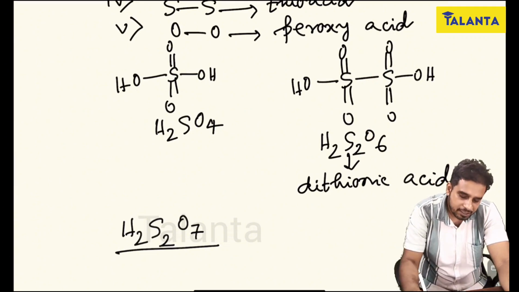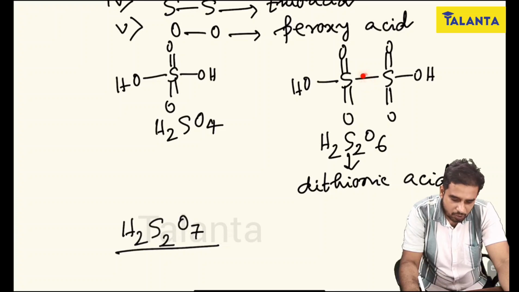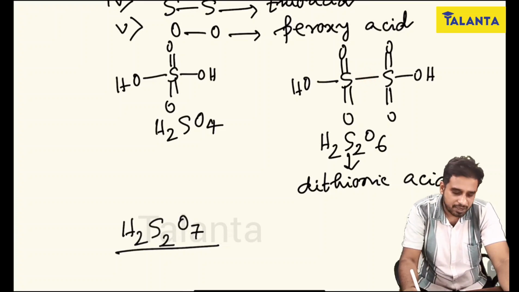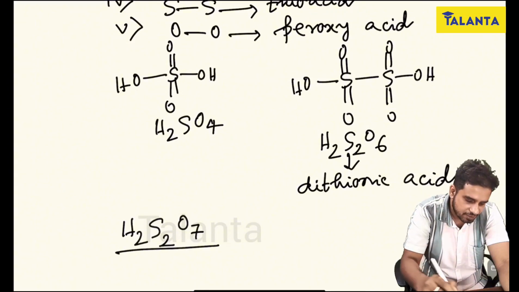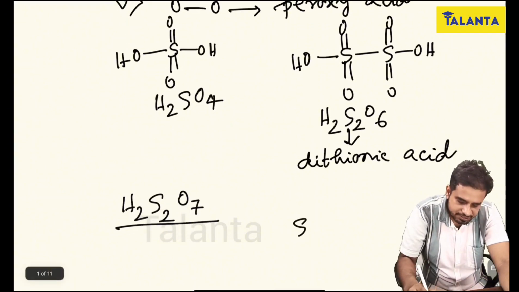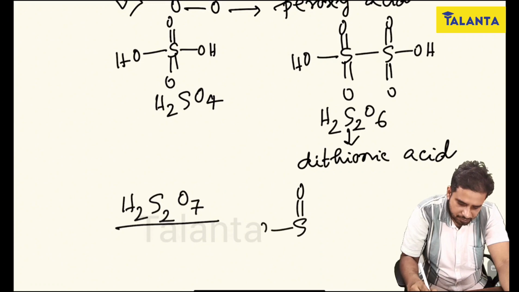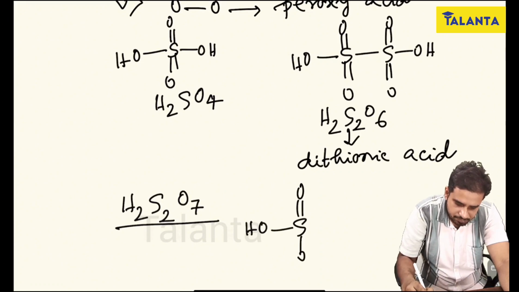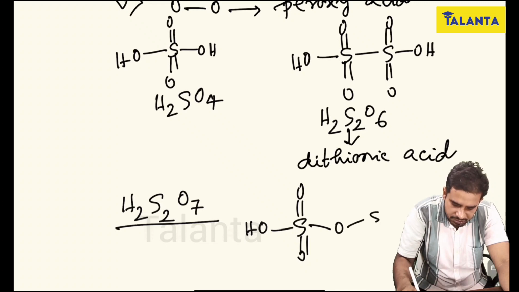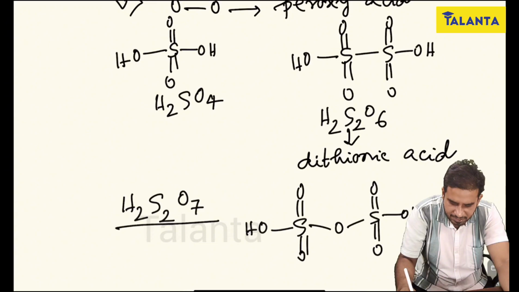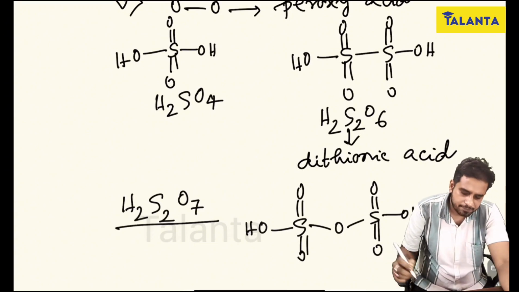So if we incorporate one oxygen atom here, we get the structure of oleum, H2S2O7. The structure of oleum is this one. This oxygen atom is inserted into dithionic acid to produce oleum.